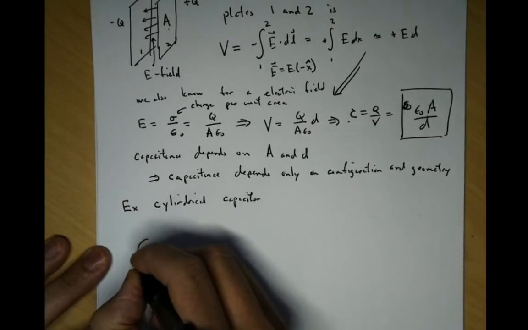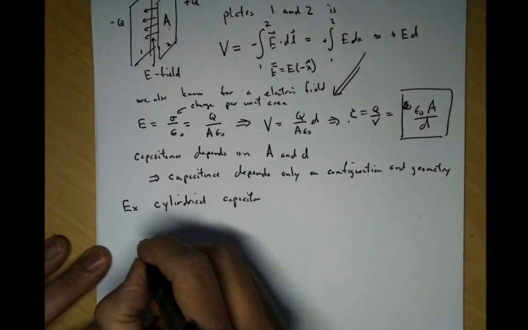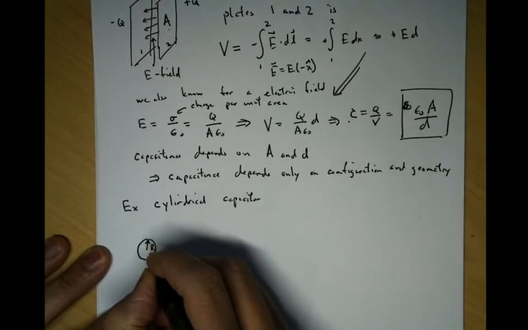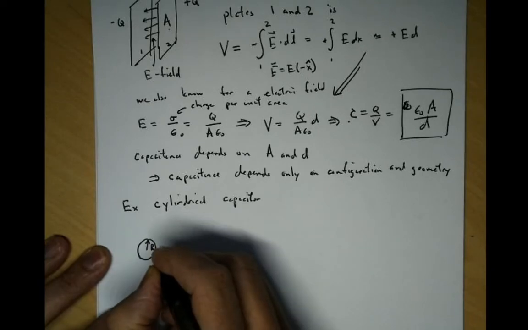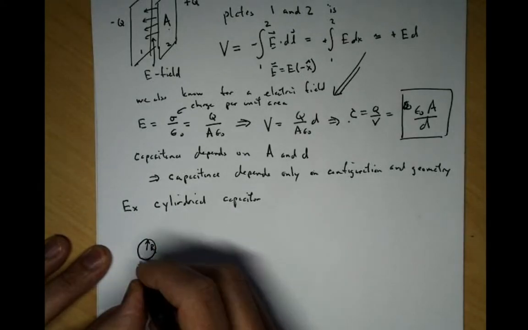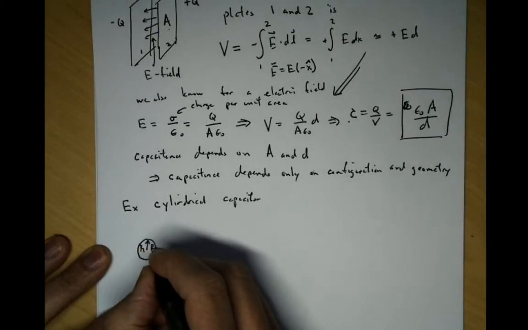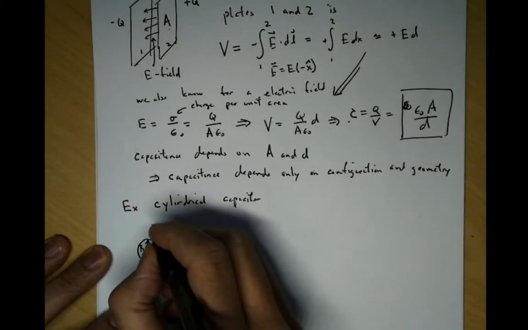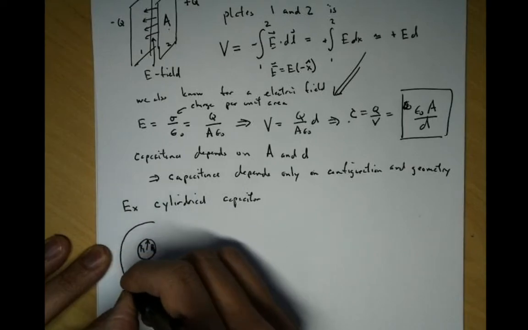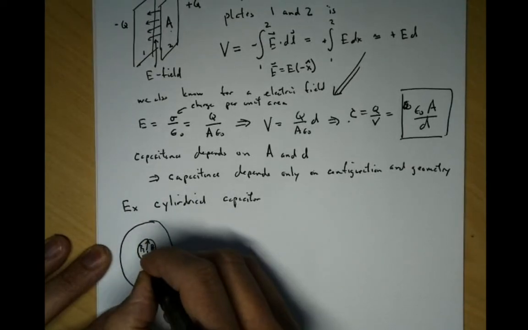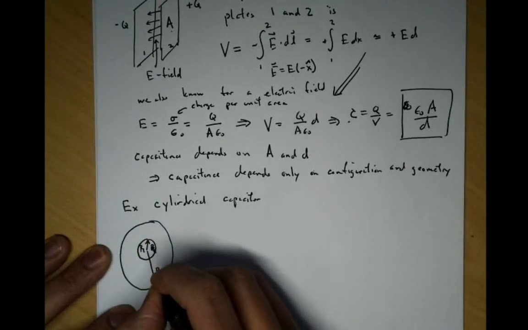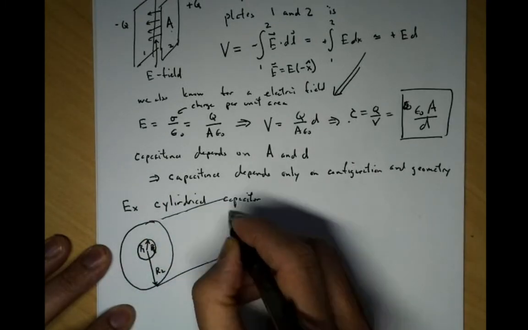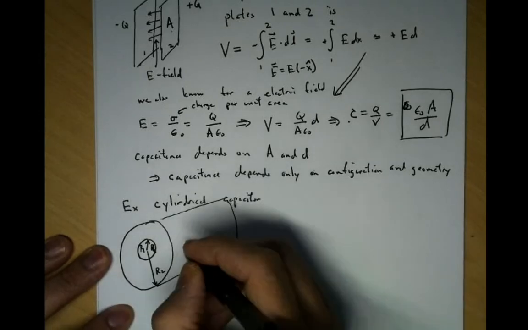We have an inner shell that has some radius R1, say. I'll write R1 here again. And then there's an outer shell here, R2, and this goes off some distance there.